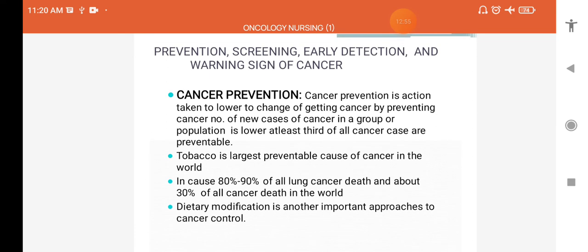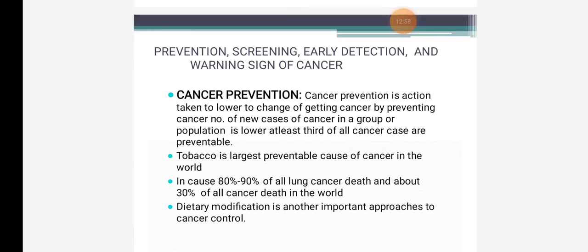Now we will see the prevention, screening, early detection and warning signs of cancer. Cancer prevention is a very vast part. Cancer prevention means action taken to lower the chances of getting cancer, so that the number of new cases of cancer in a group or population is lower.